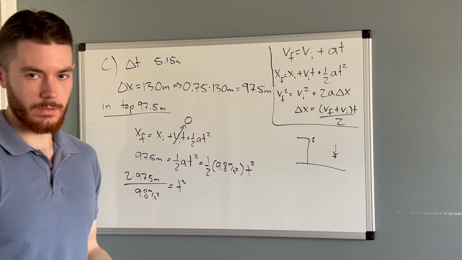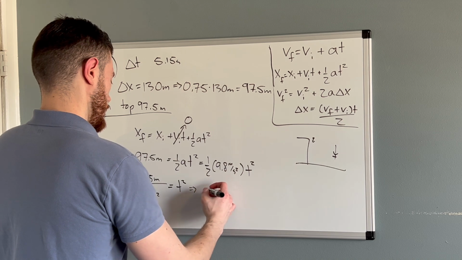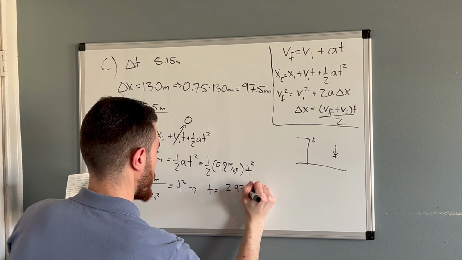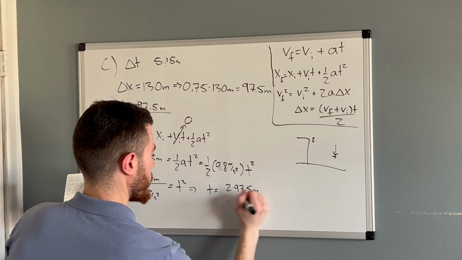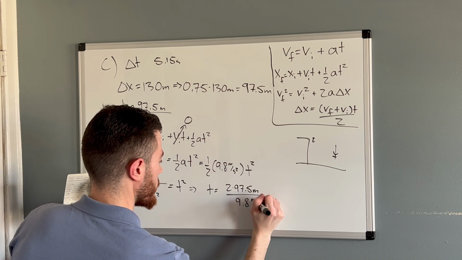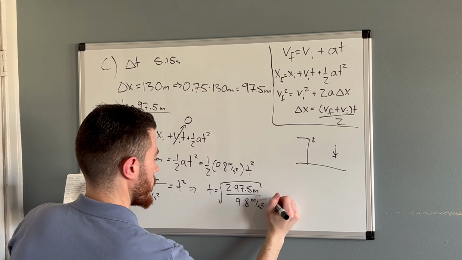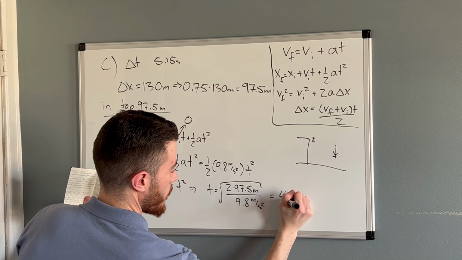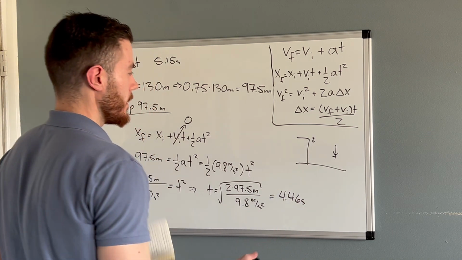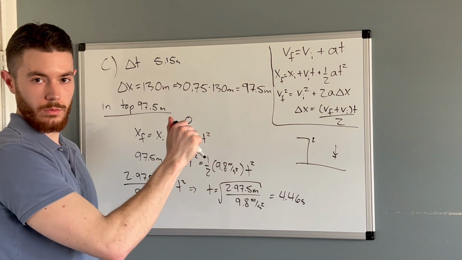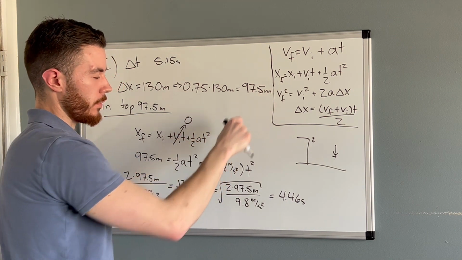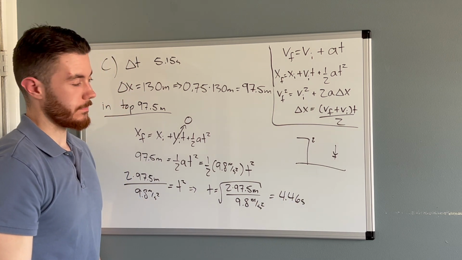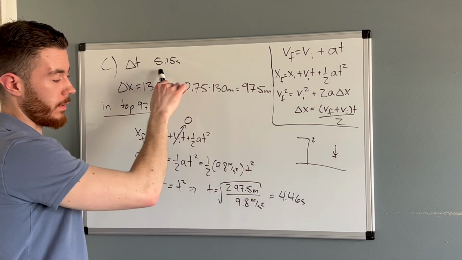To obtain t, take the square root of both sides. t is equal to the square root of 2 times 97.5 meters over 9.8 meters per second squared, and if you solve that, it comes out to 4.46 seconds. So to fall the top 97.5 meters takes 4.46 seconds, which is a significant fraction of the total amount of time, 5.15 seconds.